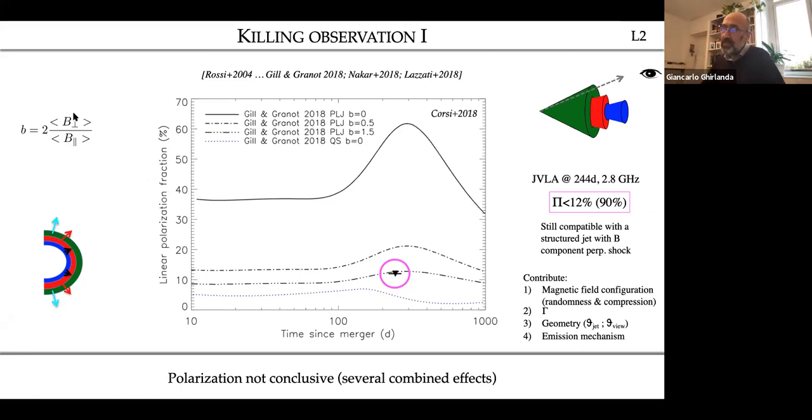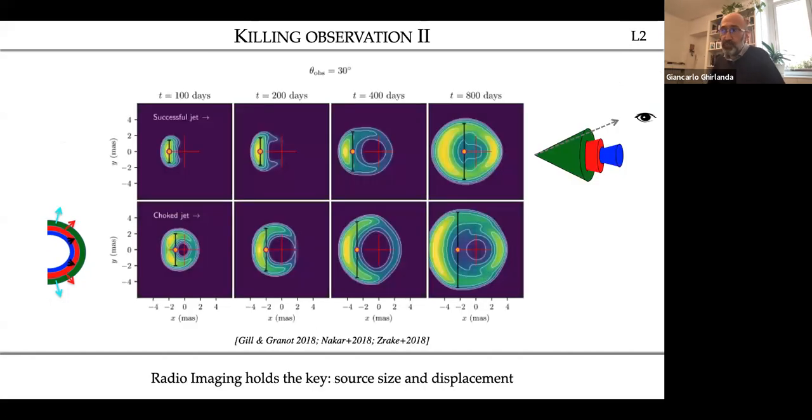The best possibility is instead to rely on imaging, because from very simple geometrical considerations, you can understand that if you have a structured jet, in general a jet oriented off axis with respect to the line of sight, and you're able to monitor the position of the source with high accuracy, you could in principle see the proper motion of the source in the plane of the sky.